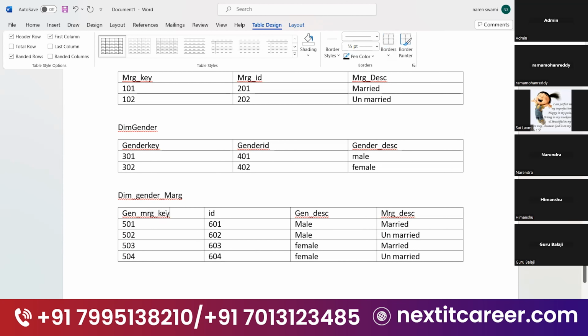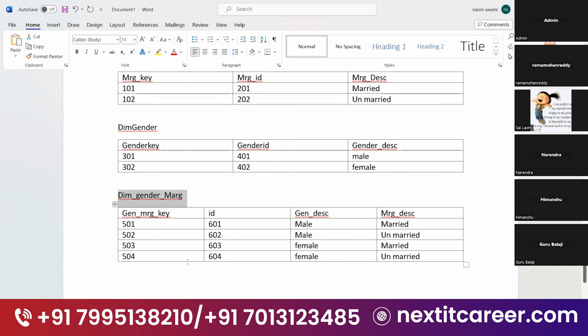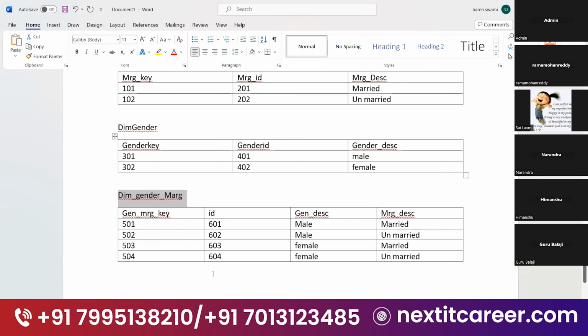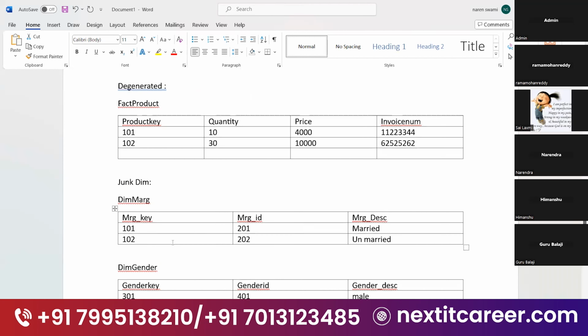So we will have only one key in a fact table. This key is known as a junk key, and this dimension table is known as a junk dimension. So junk dimension reduces the number of keys in a fact table to improve the performance of analysis. Clear about the junk dimension?